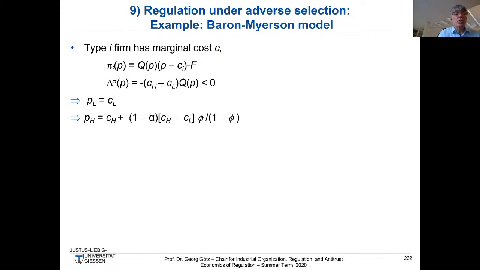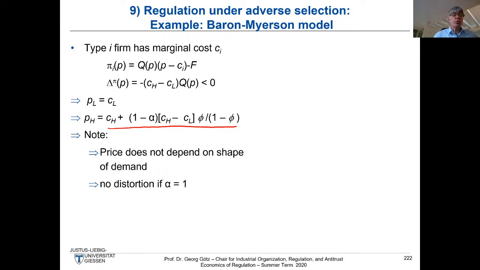And what you get here is a very general result, namely the price of the high type is distorted upwards unless alpha is equal to 1, that's what you see here, and unless phi is equal to 0, what you also see here. And what is important here, the price is completely independent of the shape of demand.